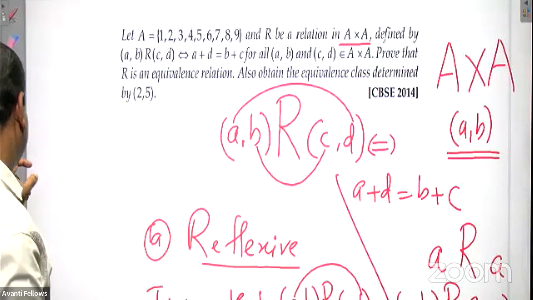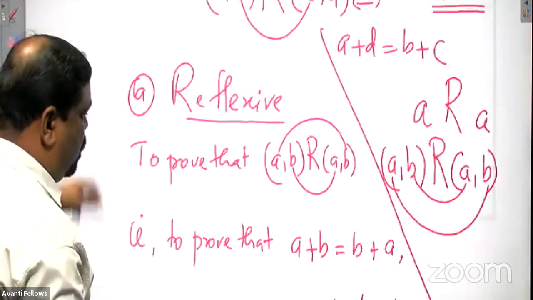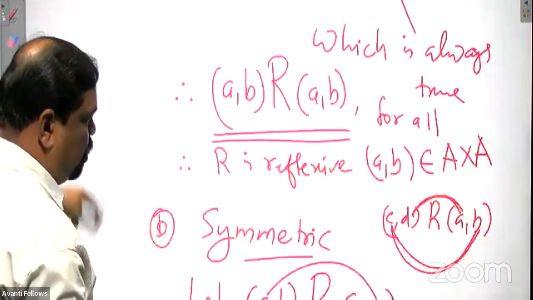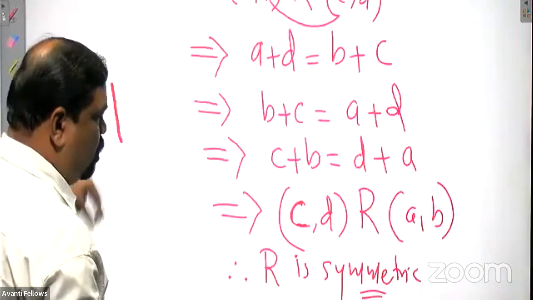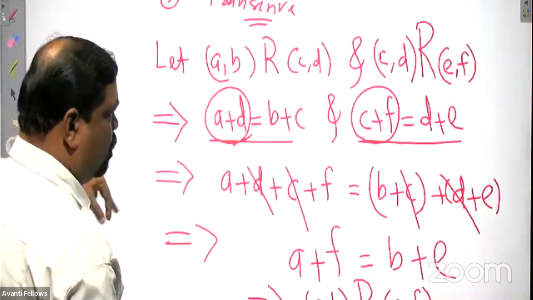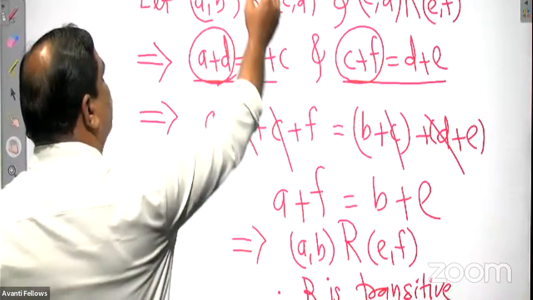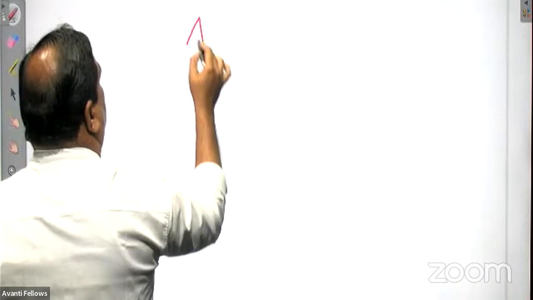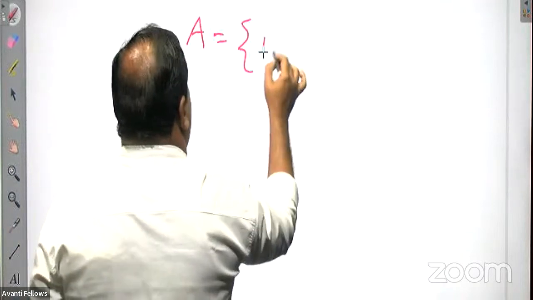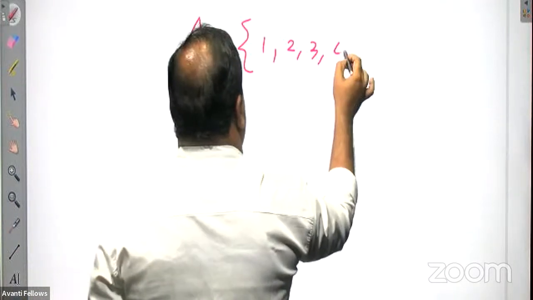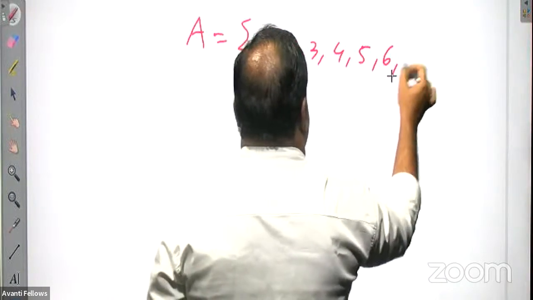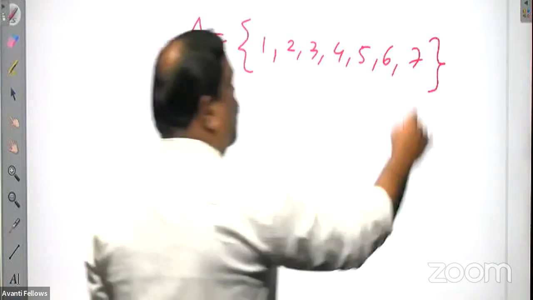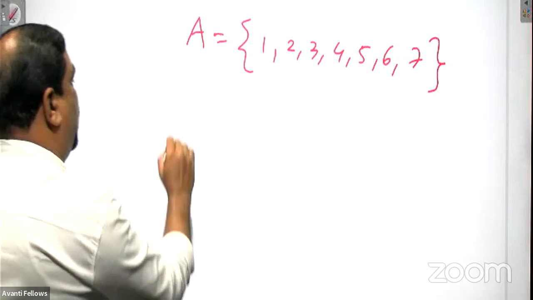That is the second part actually. So here the set A is 1, 2, 3, 4, 5, 6, 7. Okay. And given element is 2, 5.